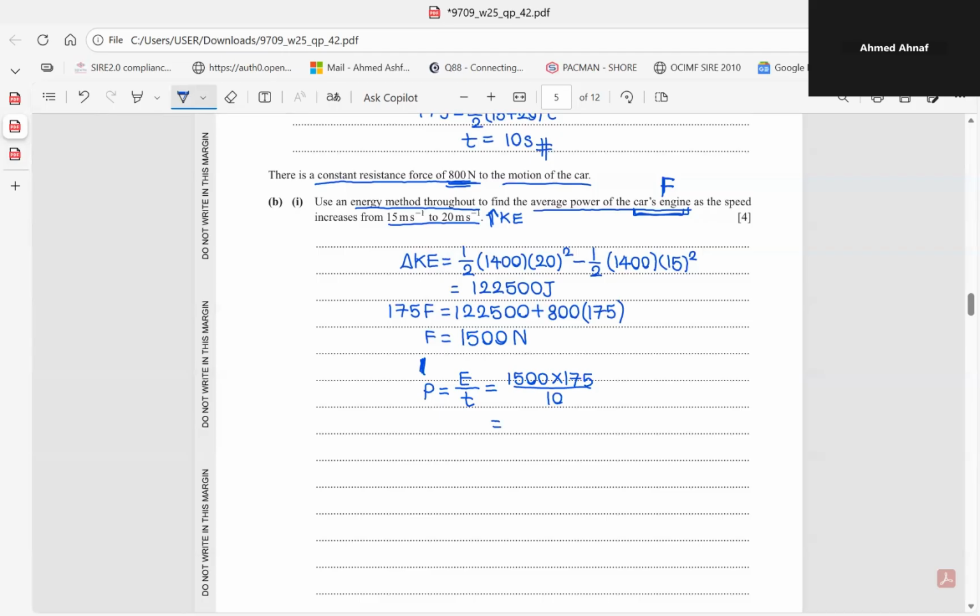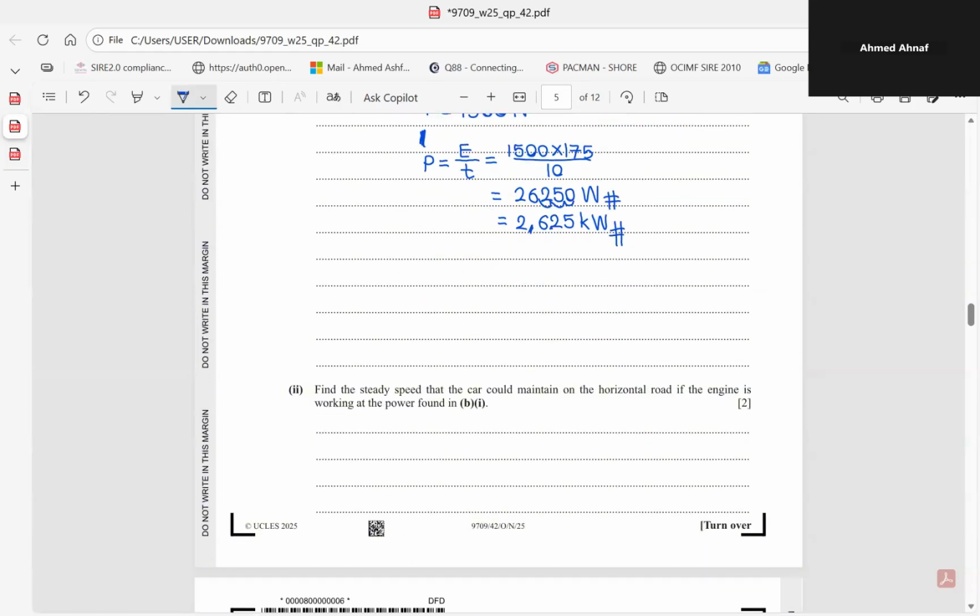So 1,500 times 175 divided by 10, you'll get 26,250 watts. Or in kilowatts, that's going to be 2.625 kilowatts. Wait, no, sorry, 26.25 kilowatts. So this would be our final answer for the first part. Let's move on to the final part.